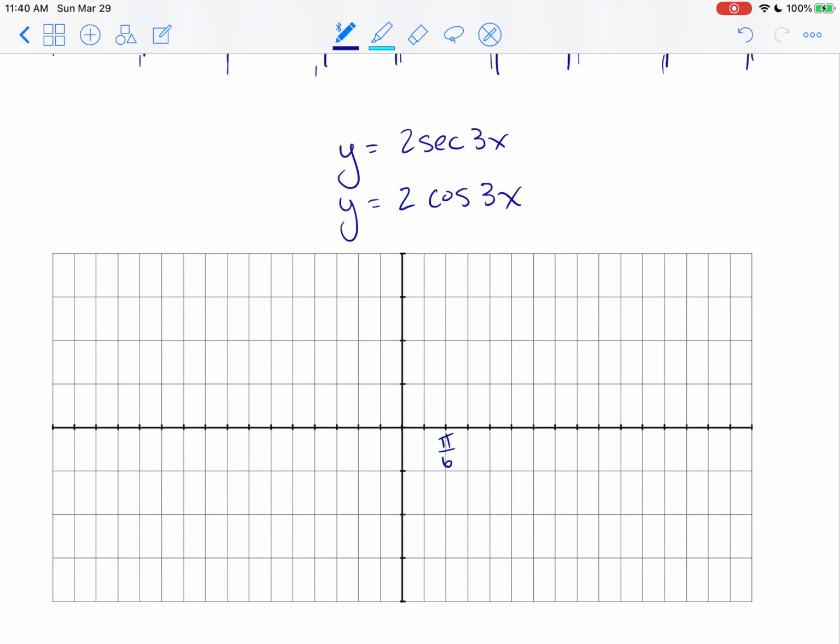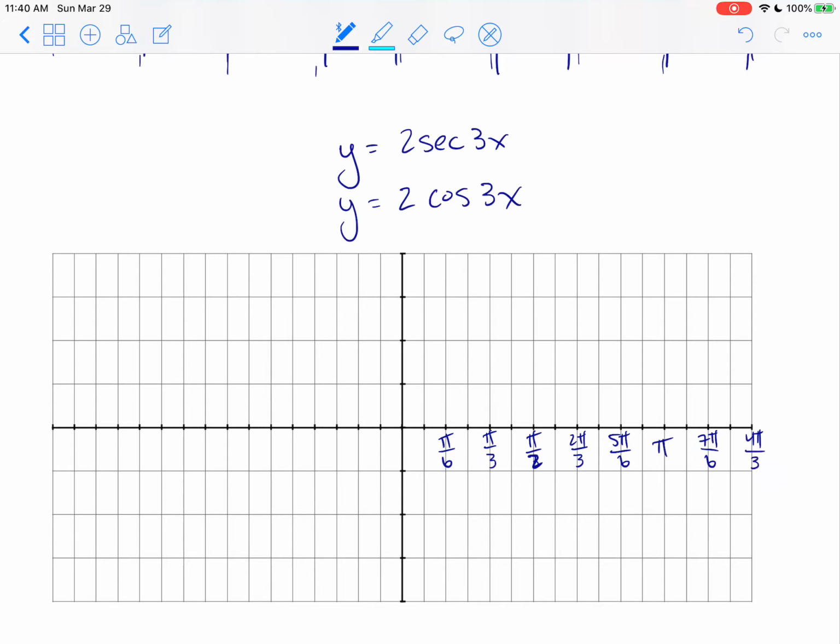Pi over 6, 2 pi over 6, 3 pi over 6, 4 pi over 6, 5 pi over 6, 6 pi over 6, 7 pi over 6, and 8 pi over 6 is 4 pi over 3.